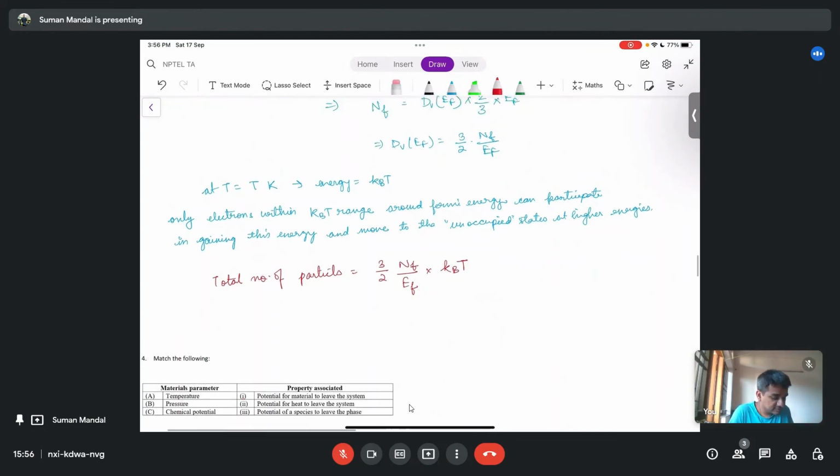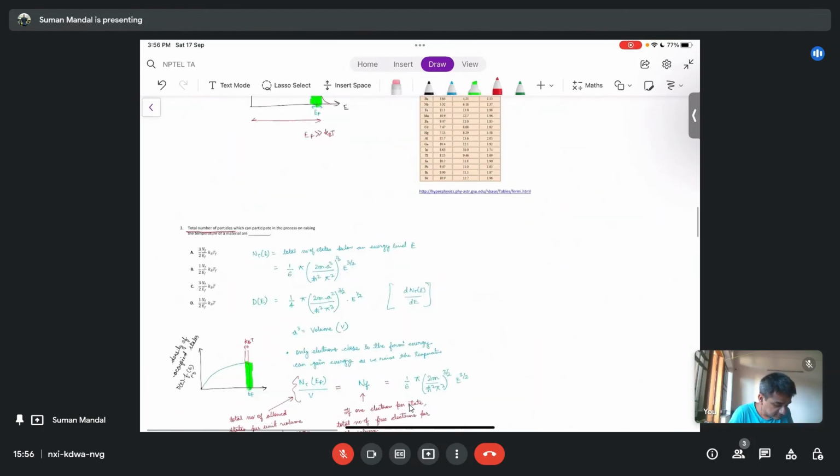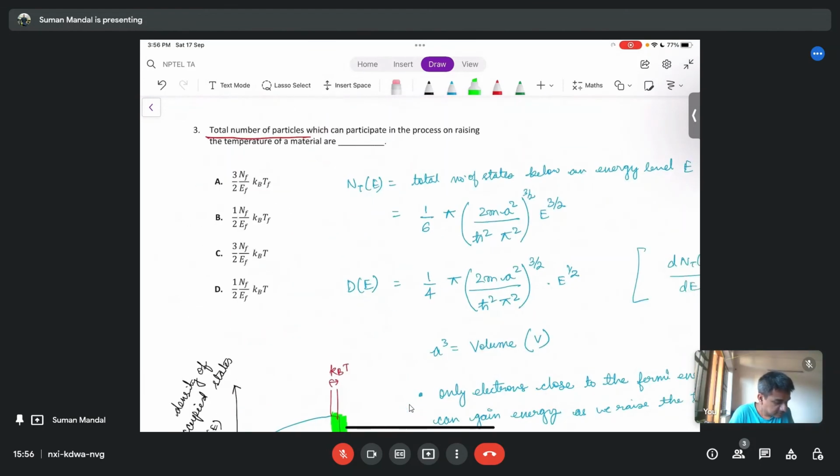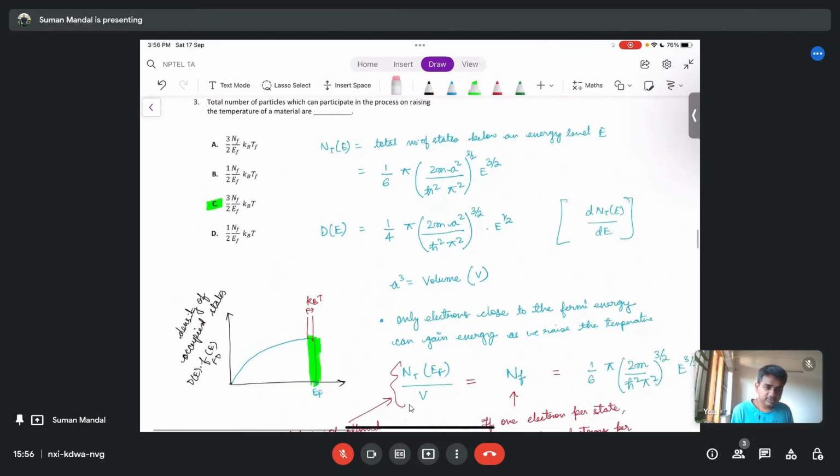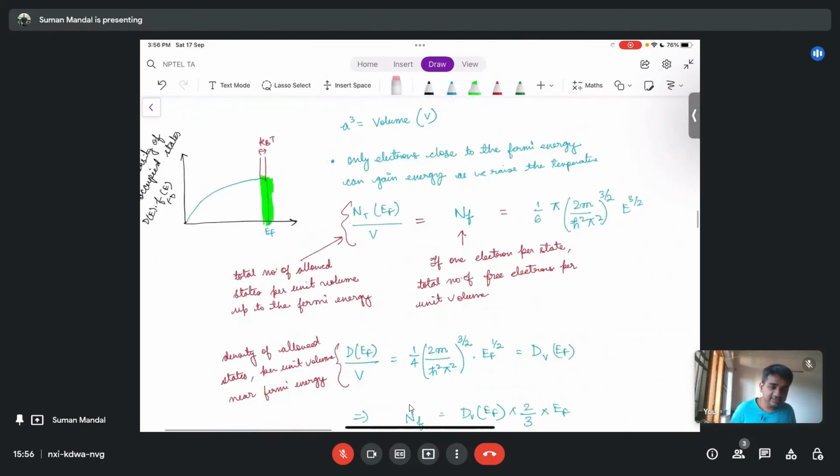So this was the answer, 3/2 NF EF kBT. I think in the book you'll find standard derivations for this, but I wanted you to understand what is happening.